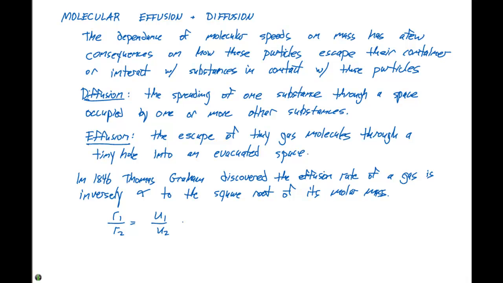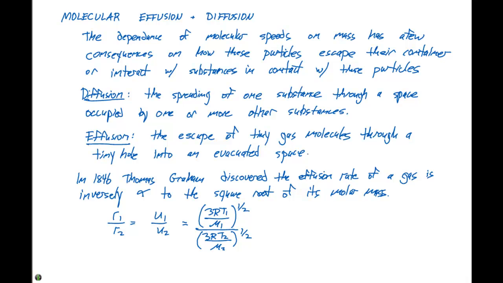If we plug in the values and the equations from the previous video, we can say that R1 over R2 is equal to (3R times T1 divided by the molar mass of 1) to the 1/2 power, divided by (3RT2 divided by the molar mass of 2) also to the 1/2 power.